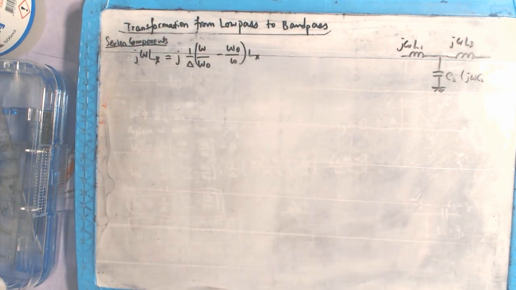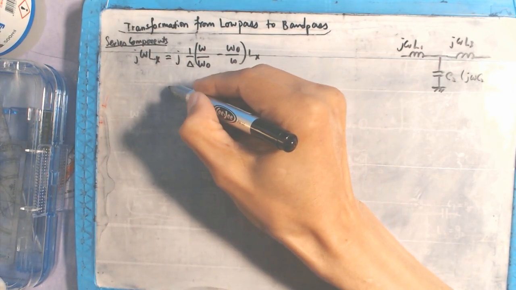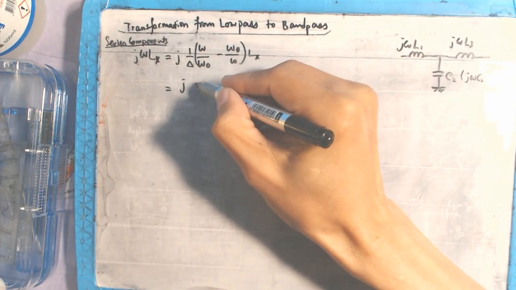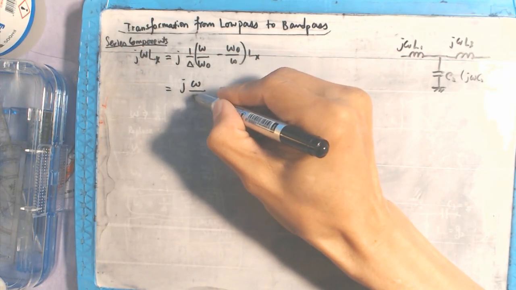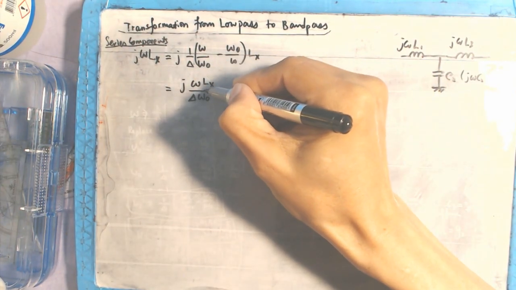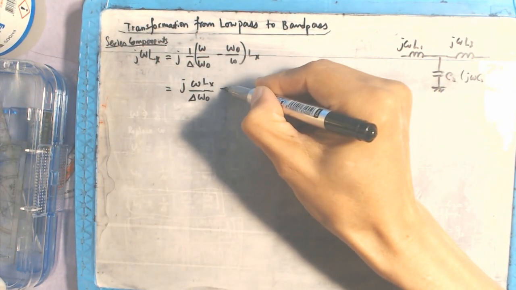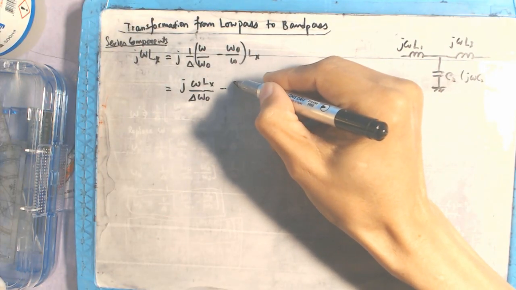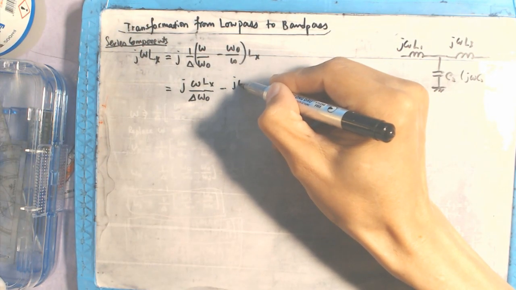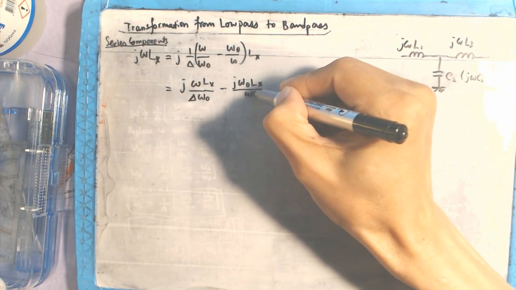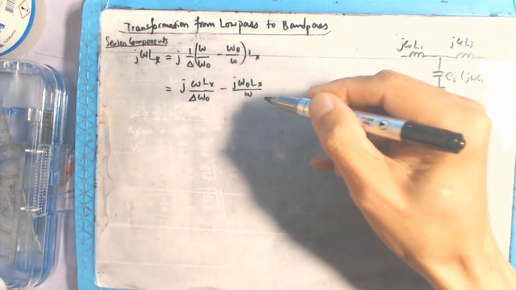Now, if you do it very carefully, you will get J omega Lx, and here you will get J omega Lx. But remember, this one can be further divided.